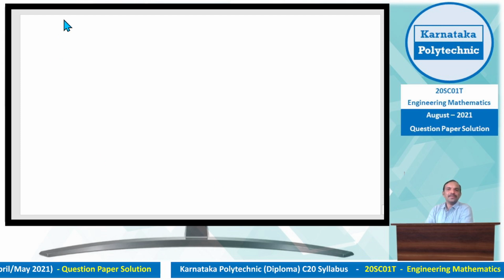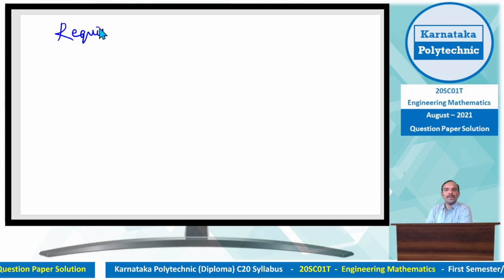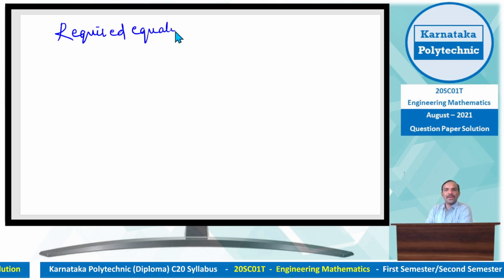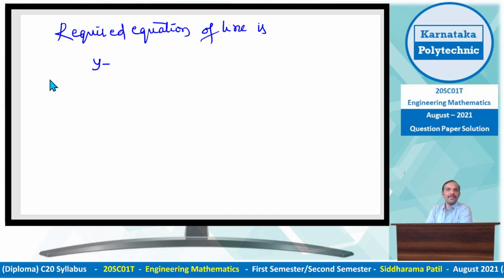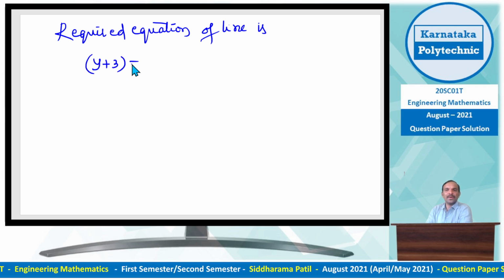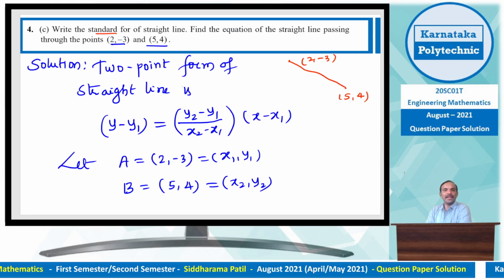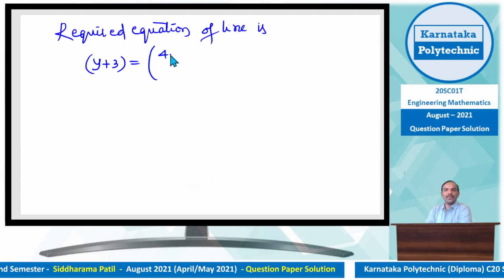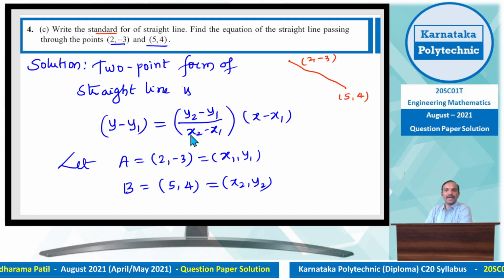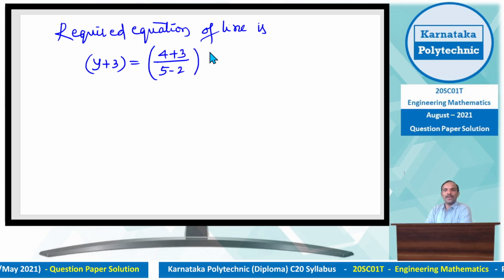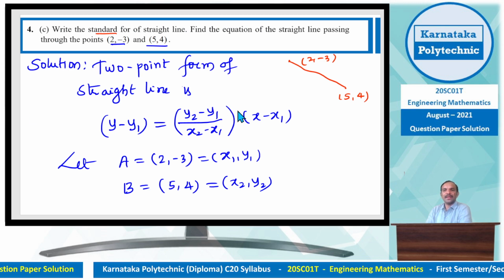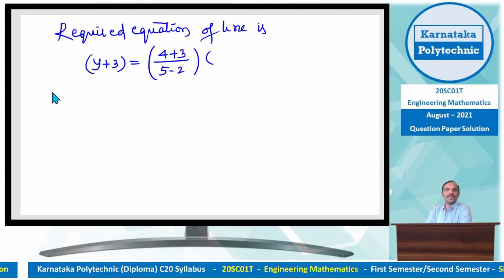The required equation of line is y minus y1, y1 value is -3, minus of minus, plus 3, is equal to y2 minus y1, 4 minus of minus 3, 4 plus 3, divided by x2 minus x1, 5 minus 2, into x minus x1, x1 is 2, x minus 2.